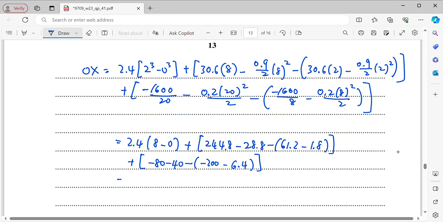From here, you will get 19.2 plus 156.6 plus 86.4. So at last, you will get 262.2 meters. So that's the OX.